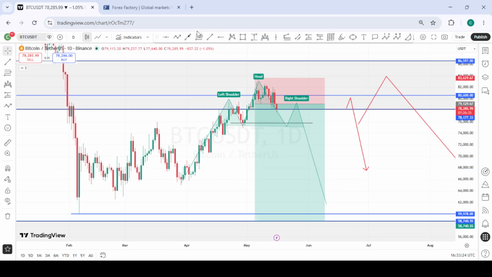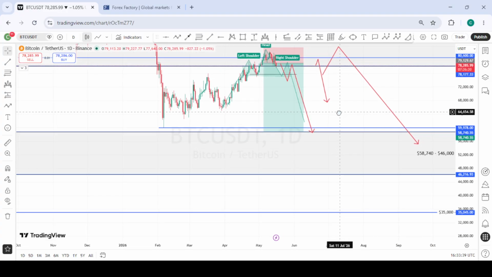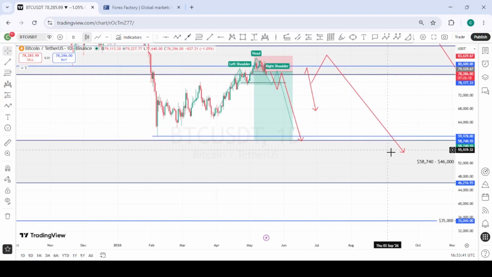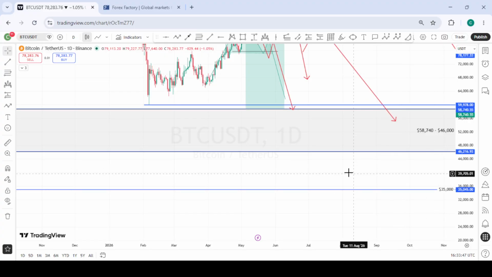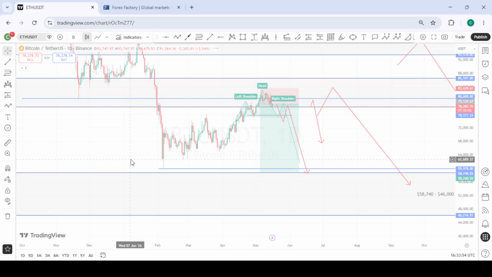Price might also give us a daily candle closure below this daily structure point. We go for a lower high formation or a right shoulder formation, and we take the sells to the downside. So these are the targets we have for BTC on the downside. We are targeting the 58k to 46k area, and the worst case scenario will be the 35k. So we are going to see some more bearishness on most of the cryptos for the coming weeks.